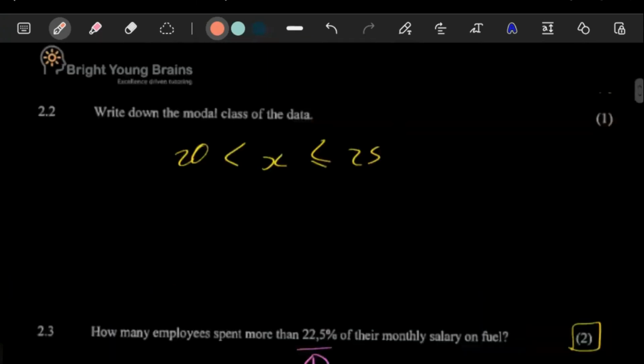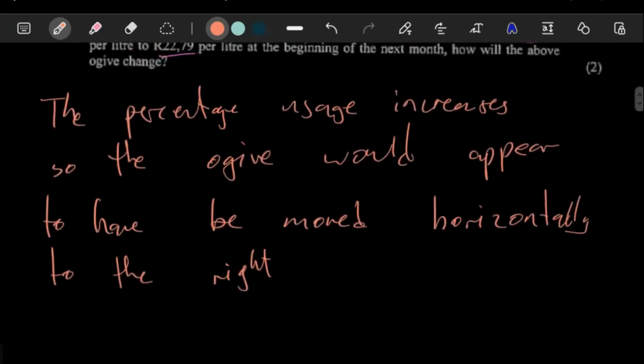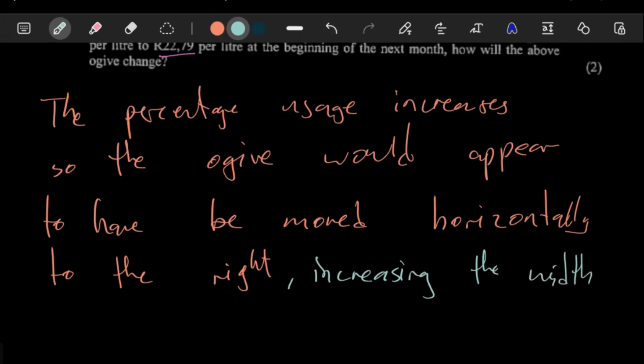So the width would also appear to increase. So here the percentage usage increases, it would appear to have been moved horizontally to the right, increasing the width. There we go. We can say something about the width of this OGIVE. So that's going to be worth 2 marks.